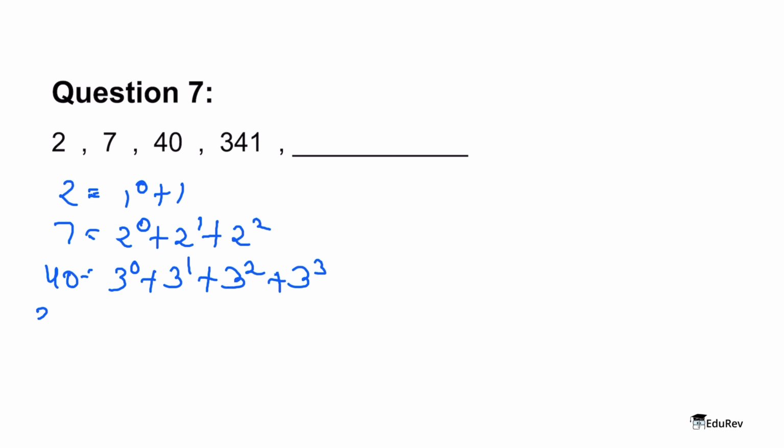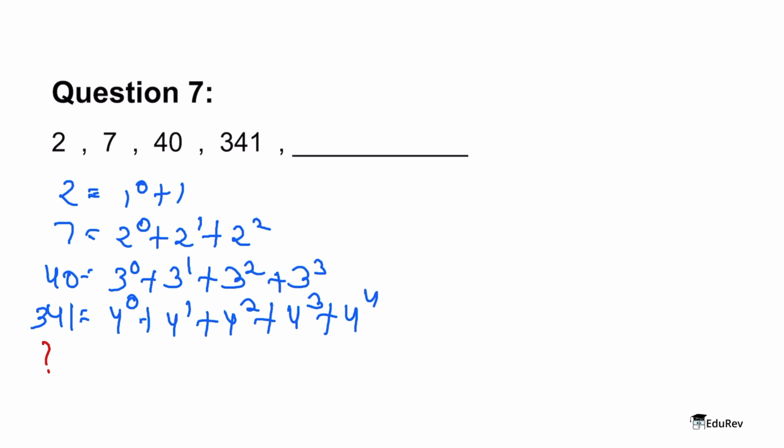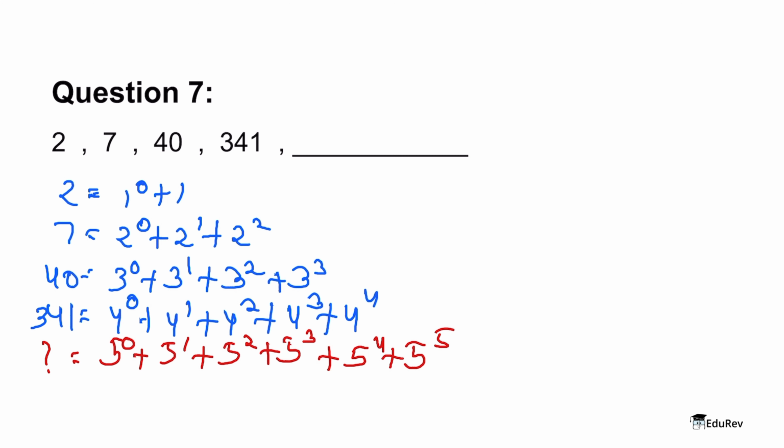So for 341 we do 4 to the power 0 plus 4 to the power 1 plus 4 to the power 2 plus 4 to the power 3 plus 4 to the power 4. Similarly for the next number, we have to do 5 to the power 0 plus 5 to the power 1 plus 5 to the power 2 plus 5 to the power 3 plus 5 to the power 4 plus 5 to the power 5.